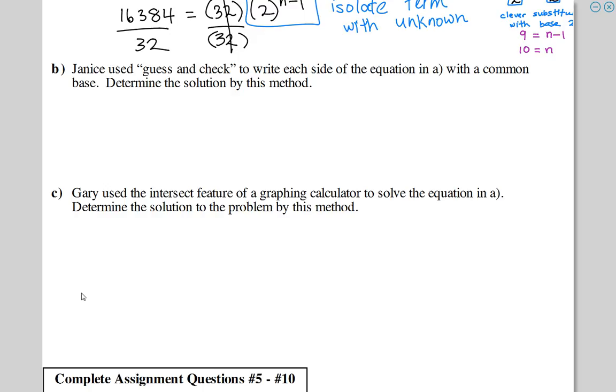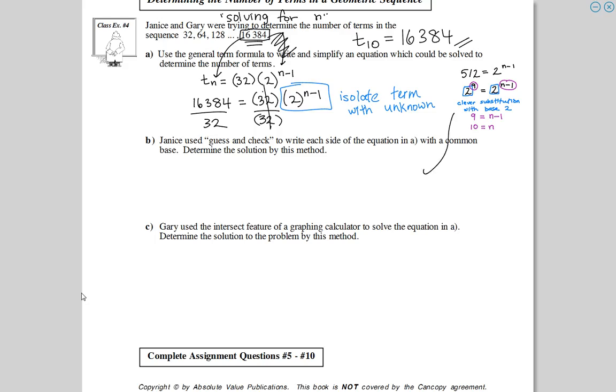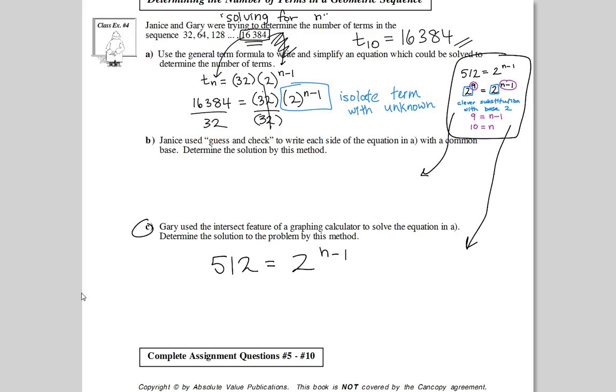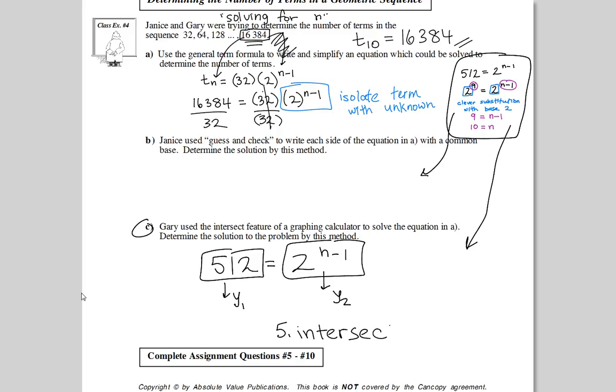Okay, what I wrote up here goes down for B, so that stuff's for B. Now for C, if this logical trouble is a problem for you, you can use your calculator. So 512 equals 2 to the n minus 1. All you have to do is type this into y1, type this into y2, and then you do an intersection feature. And that will also solve for n.